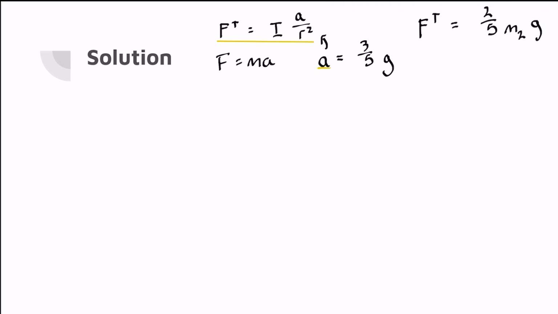Okay, now we have a force tension. And if you remember, we have force is equal to ma. Now, because force tension is equal on both sides, we know that the force tension of the block, mass 1 is referring to the block, times acceleration is equal to Ft, force tension.